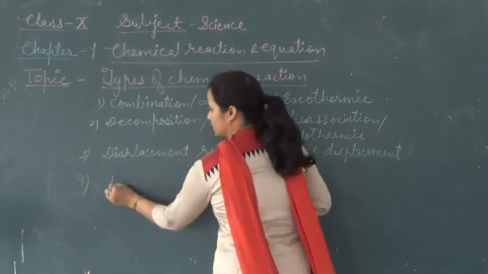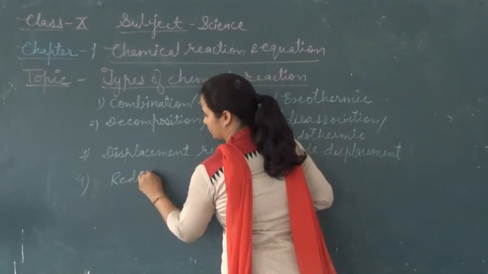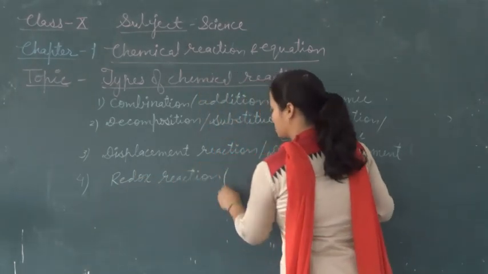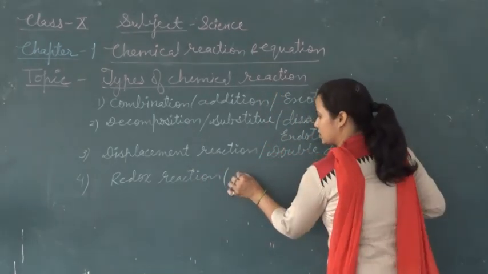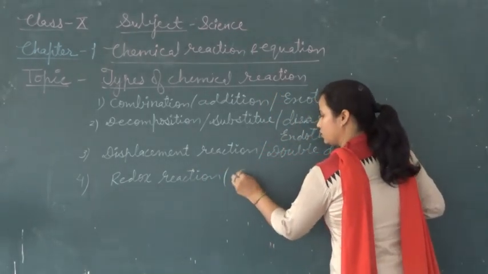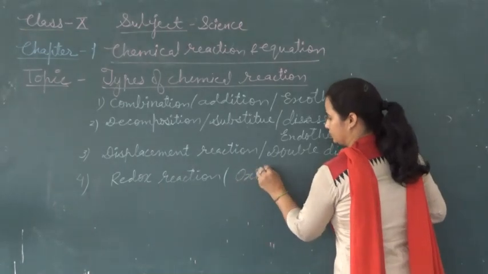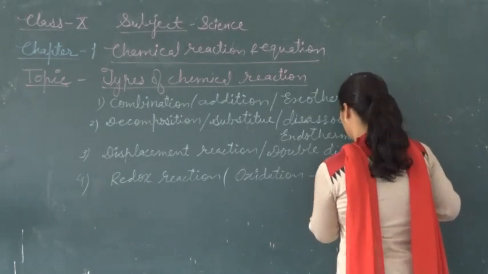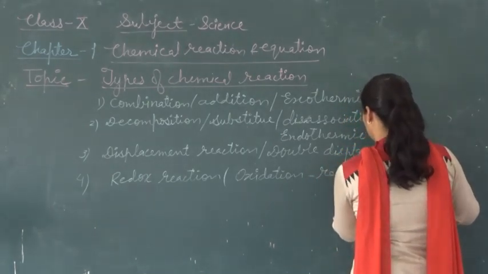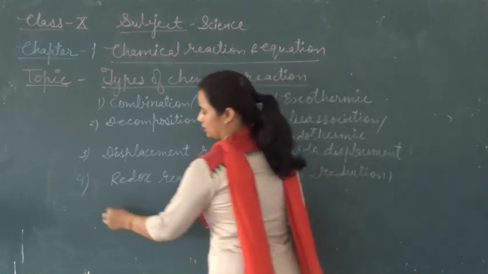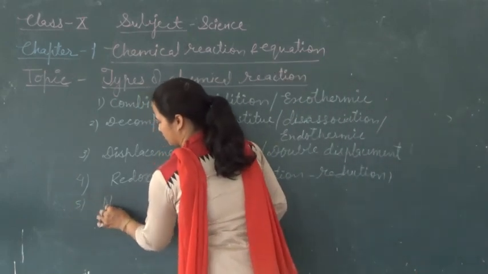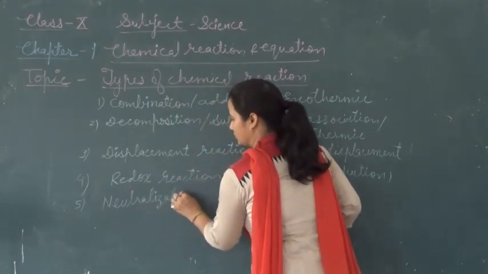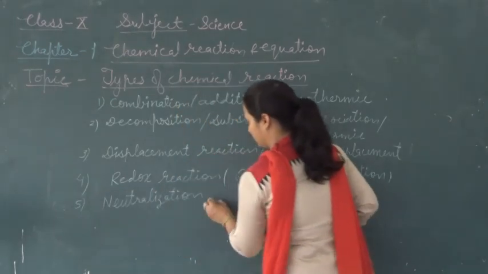The fourth one is redox reaction. Redox reaction is called oxidation reduction or reduction oxidation. The next one is neutralization reaction.